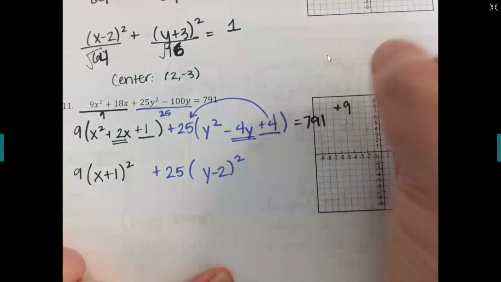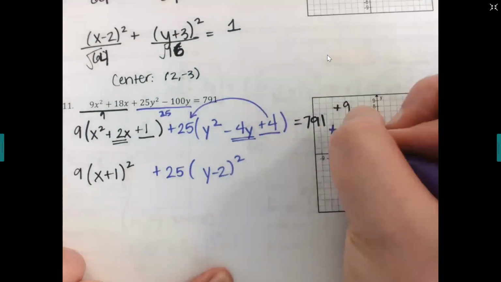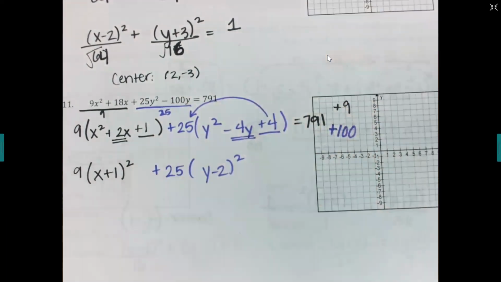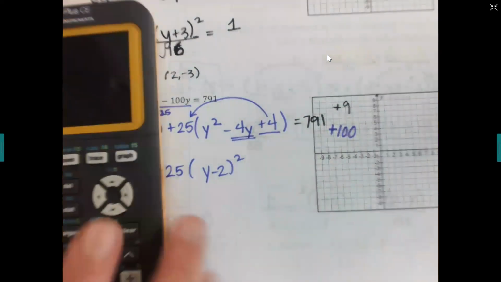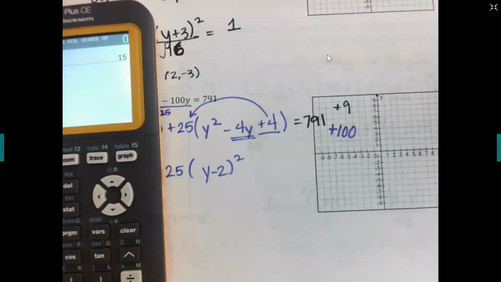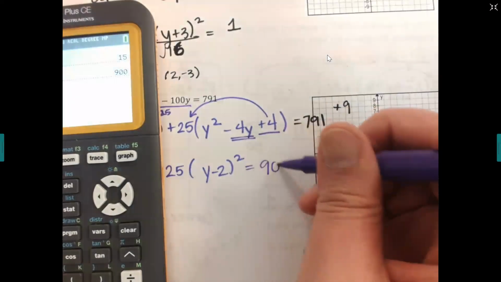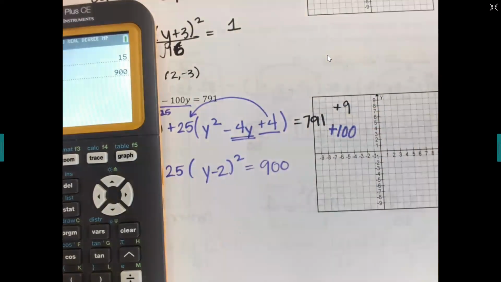And then 4 times the 25. What do I add across? 100. And then you'll add up those numbers and see what you get. So 791 plus 9 plus 100 gives me 900. Can I leave that as a 900? Is that allowed for ellipses?